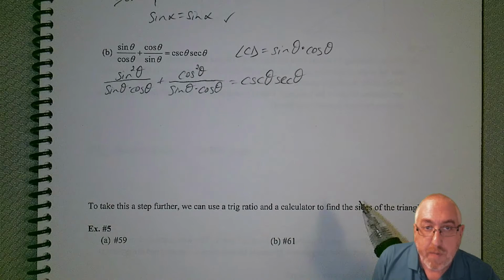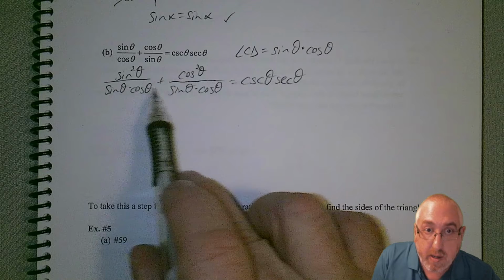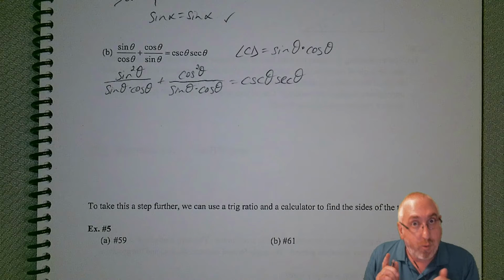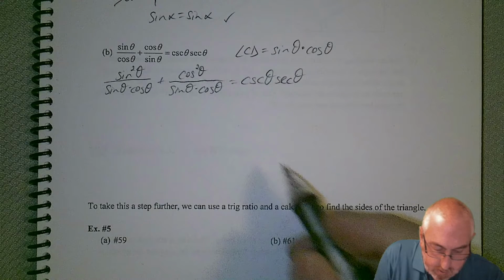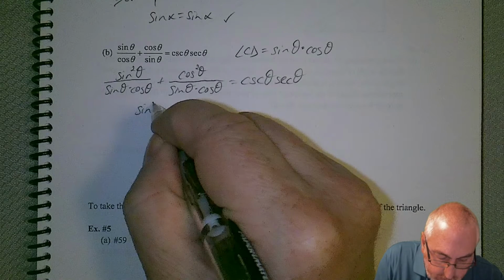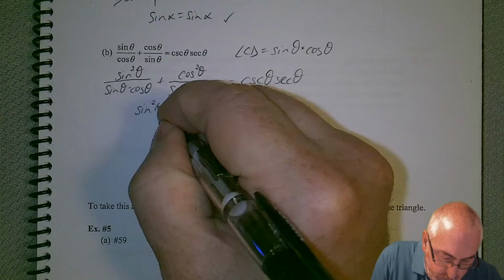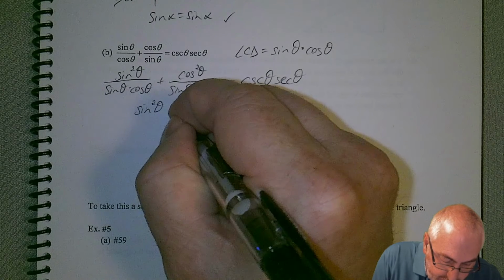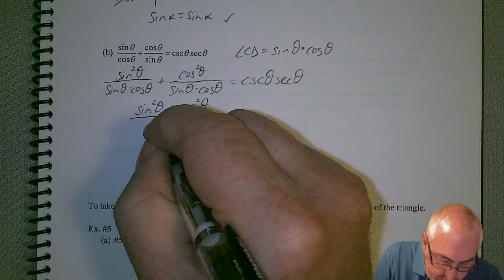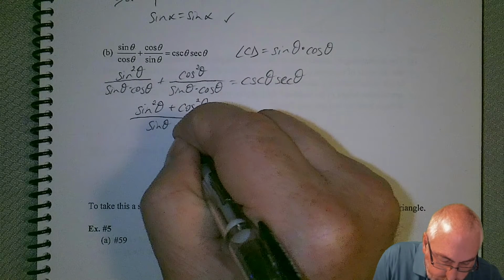All right, well, now that we have a common denominator in both cases, we can combine those two fractions into one single fraction. So that one single fraction should look like the sine squared of theta plus the cosine squared of theta all over the sine of theta, cosine of theta.